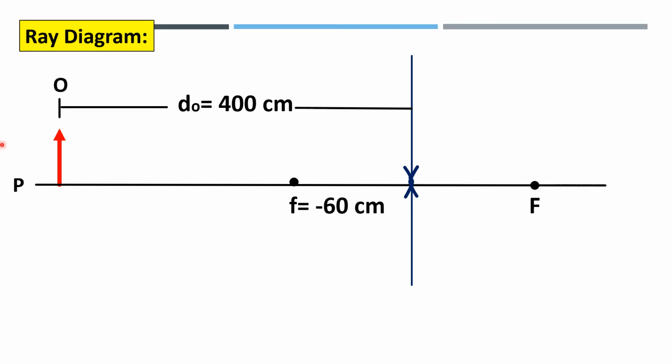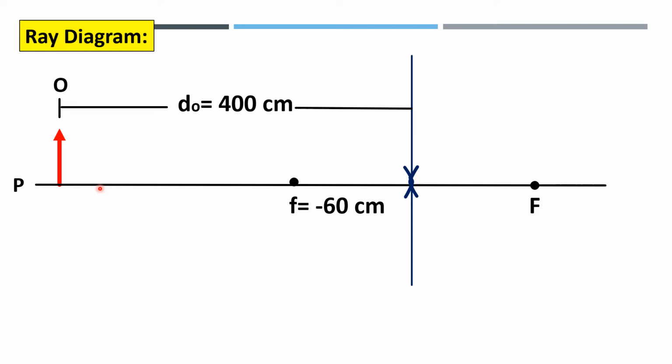The object is represented by the red arrow, so that we will only be locating one point, and that is the tip of the arrow.